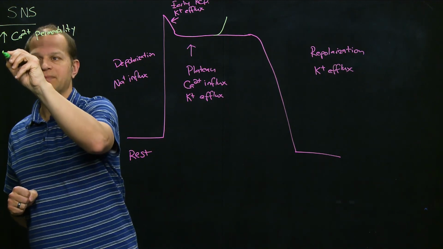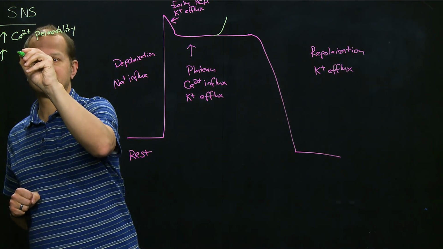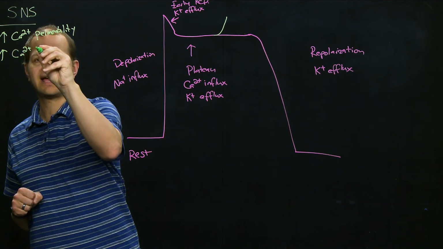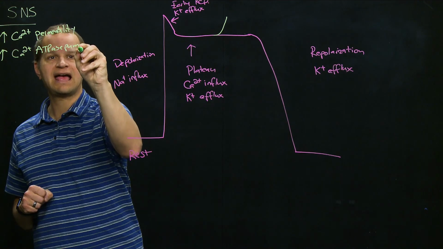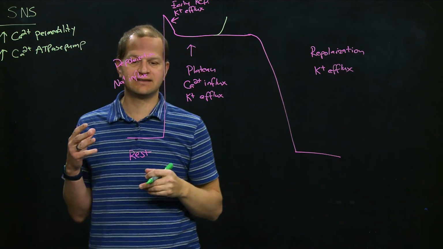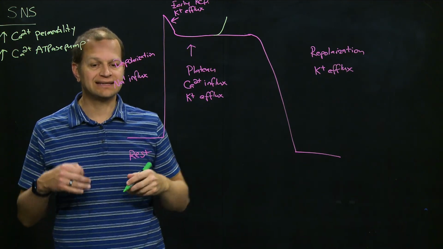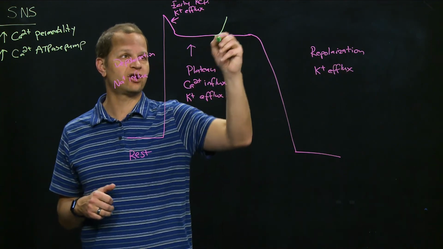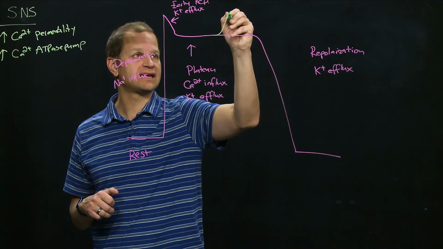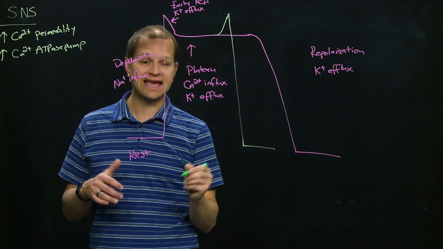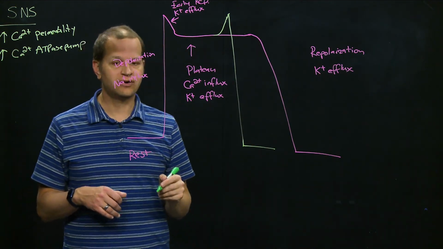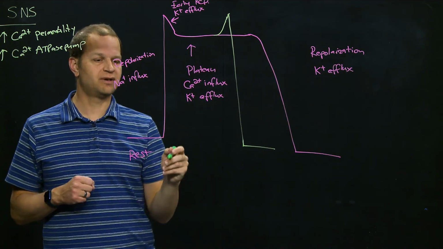What also happens at the same time is that this turns on the turbo for the calcium ATPase pump. And so what happens is we let more calcium into the cell, but almost immediately that calcium is pumped back into the sarcoplasmic reticulum, so we have this sharp peak, and then we're immediately pulling calcium out. And so notice the action potential looks much different.